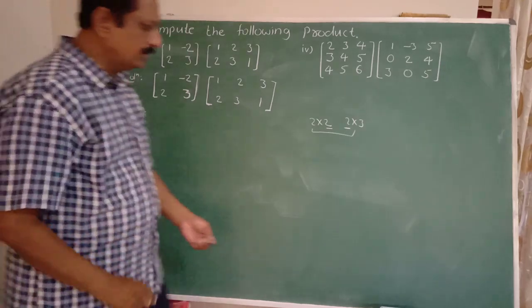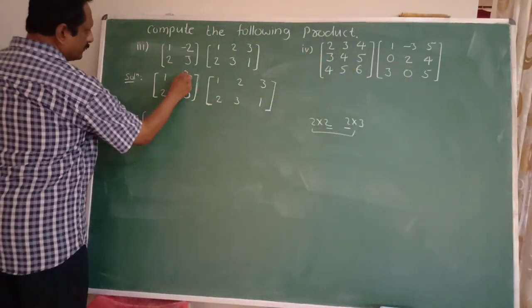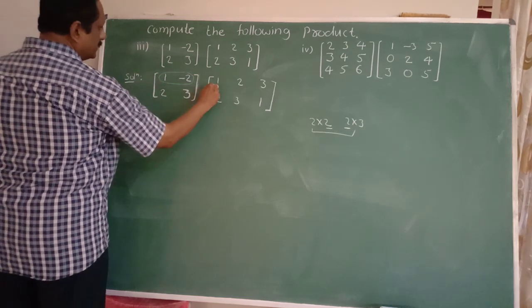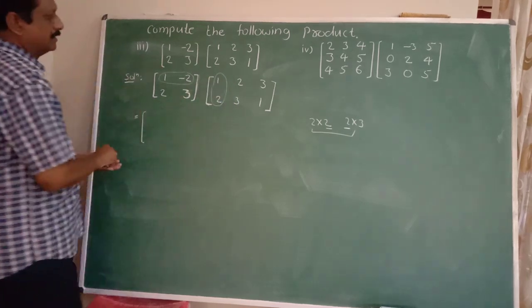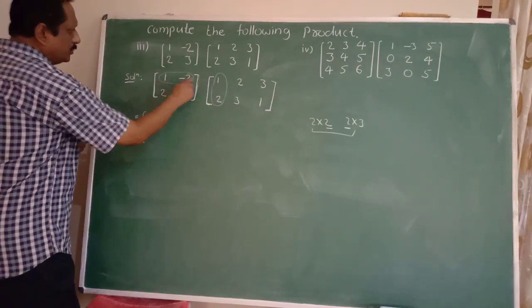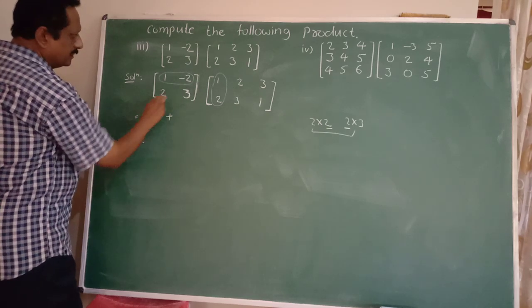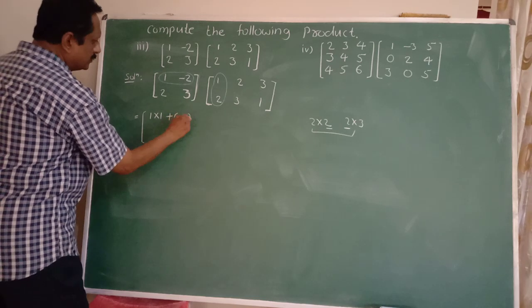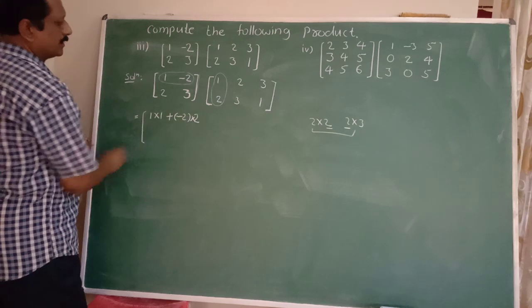Even here, multiply row with the column. Take the first row and multiply it with the first column: 1 into 1, then a plus sign, minus 2 into 2.